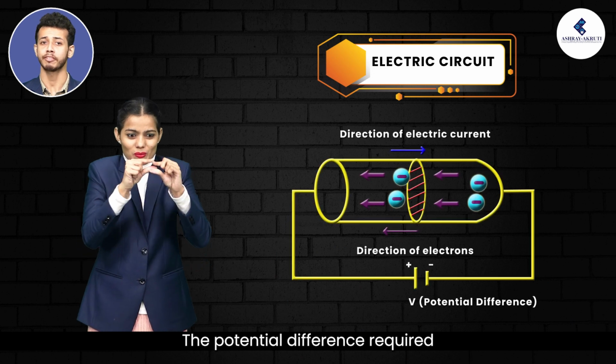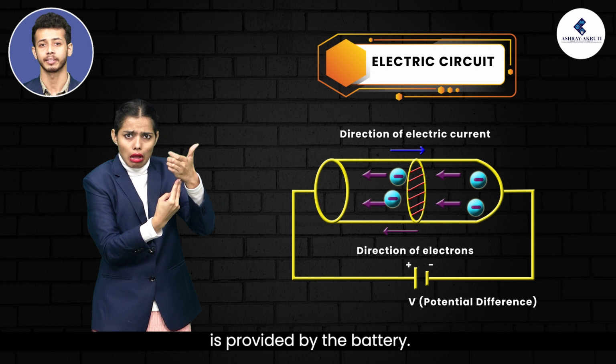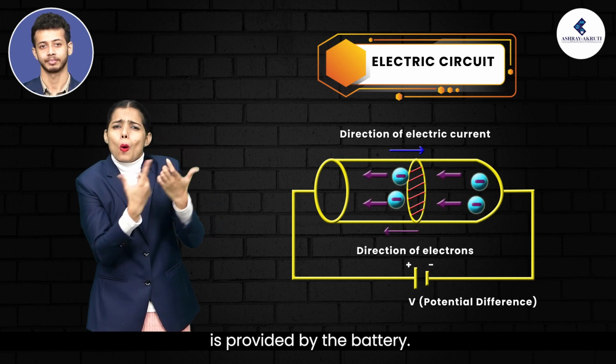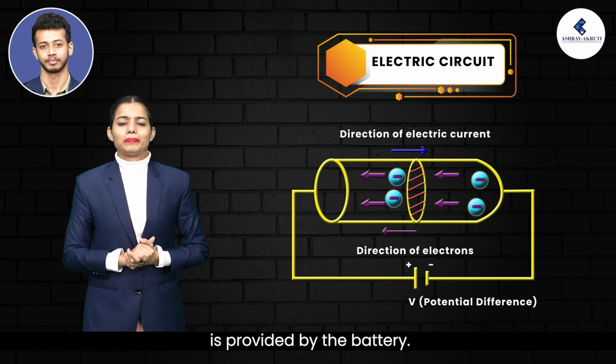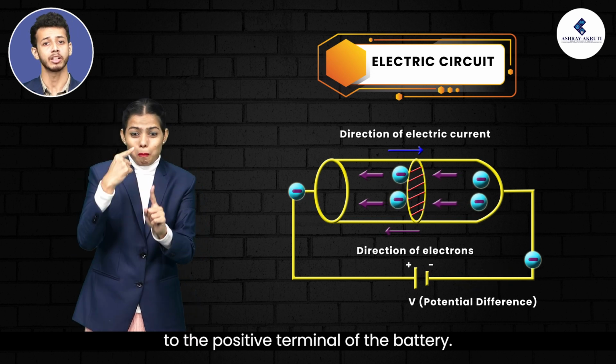The potential difference required for the flow of charges is provided by the battery. The electrons flow from the negative terminal to the positive terminal of the battery.